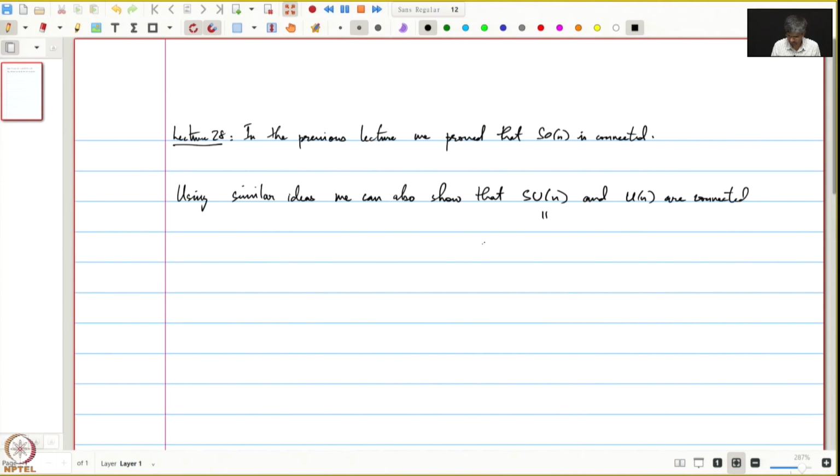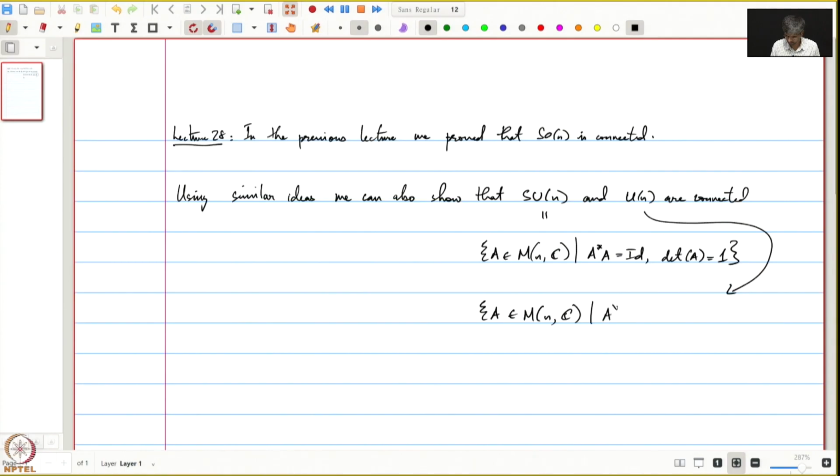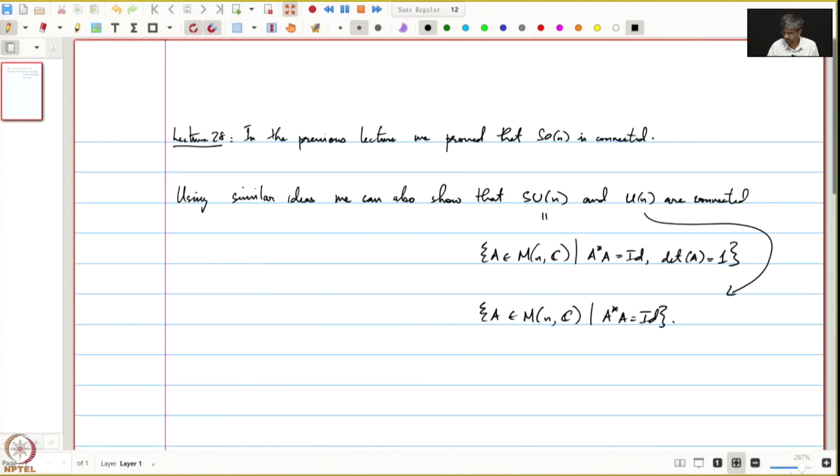So recall, what is SU(n)? SU(n) is all those complex n cross n matrices such that A star A is equal to identity and determinant of A is equal to 1, and U(n) is all those A in M_n(C) which have only the first condition, the unitary matrices, right?